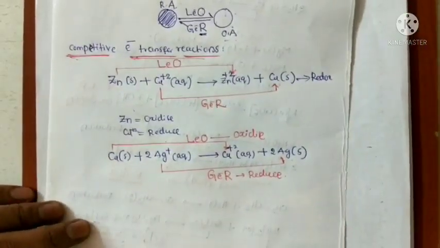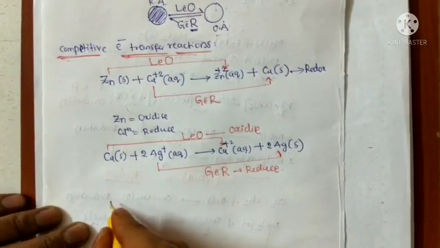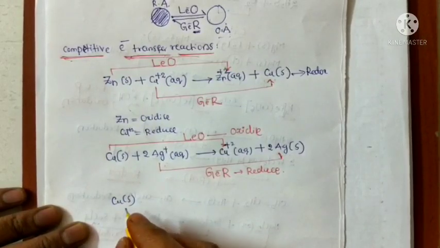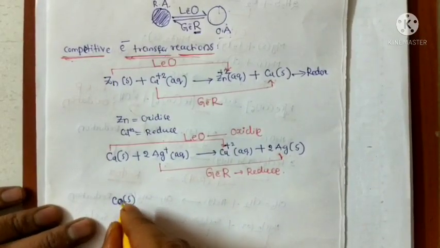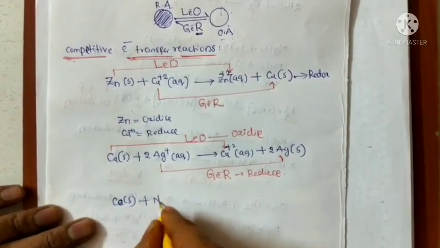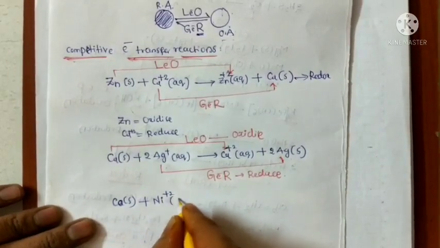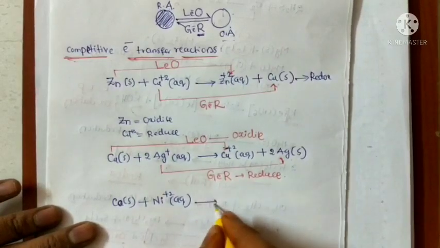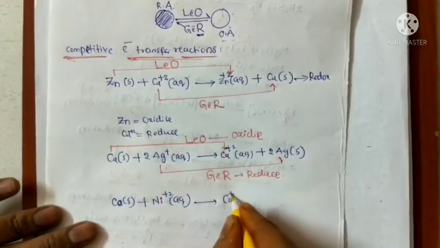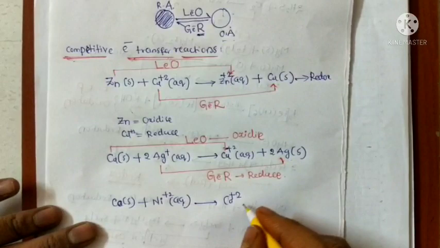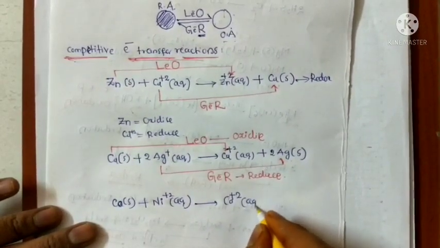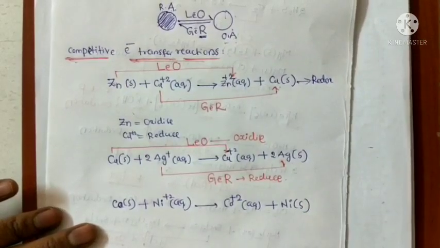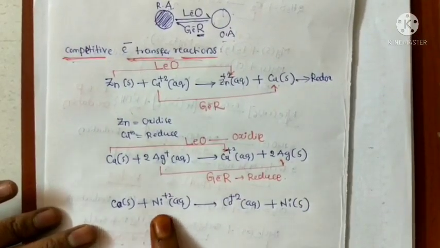And the last one is cobalt with nickel plus 2 ions. These are in aqueous solution. The cobalt goes to cobalt plus 2 ions, aqueous, plus nickel as solid.